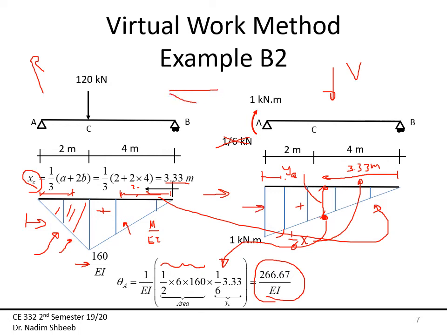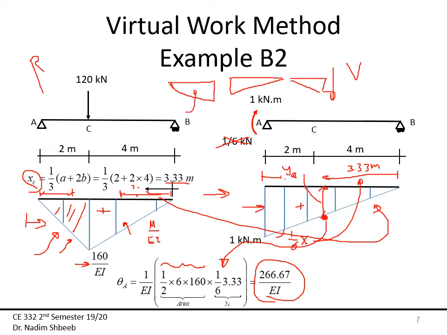If you have the parabola, actually let me erase that. This is going to be for this, I'm sorry. So if I have this parabola and I also have a triangle like this for the virtual system, or like that, you can use the same technique.